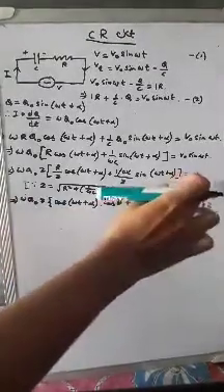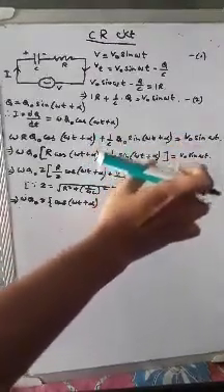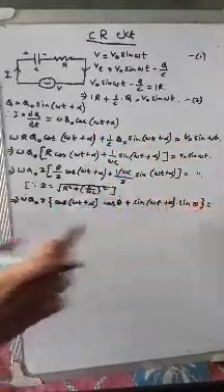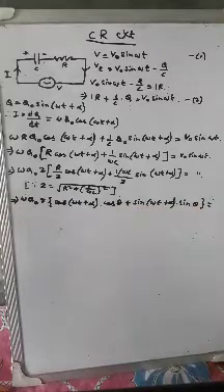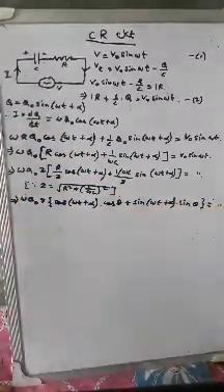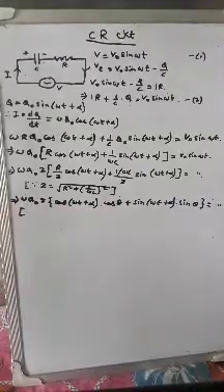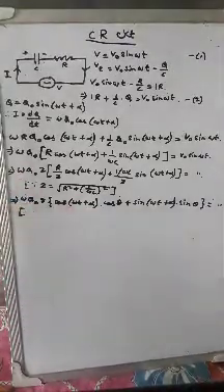See students, I have written here ditto. Don't think it as 11, because V naught sine omega t will be there in all of the steps in the RHS part. So I'm also writing here ditto. Don't think it as numeric 11. So within the bracket, students, what can I write? I will explain this step.